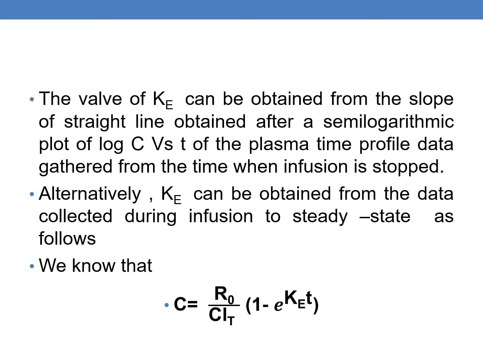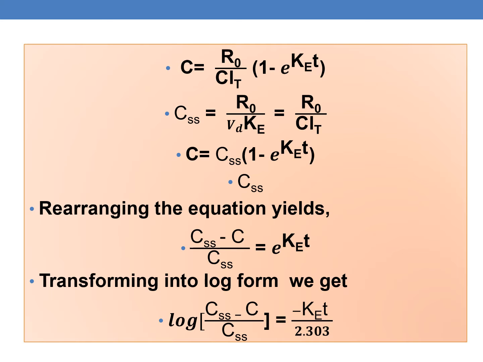We know that C is equal to R naught by total clearance into 1 minus e to the power of minus Ket, and Css is equal to R naught by Vd into Ke, that is nothing but R naught by total clearance.